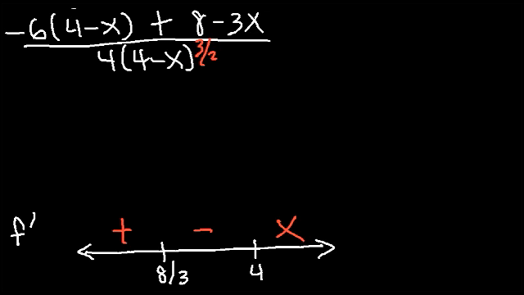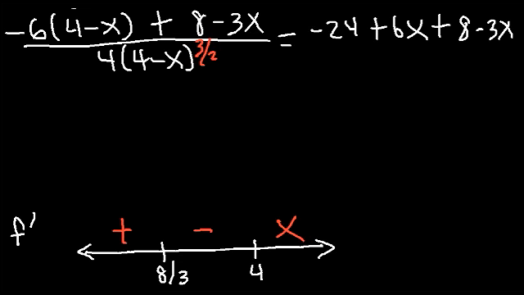Now let's distribute the negative 6. Negative 6 times 4 is negative 24, and negative 6 times negative x is positive 6x. And now let's combine like terms.